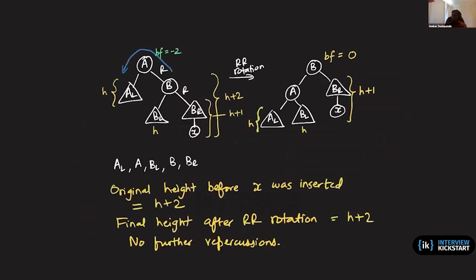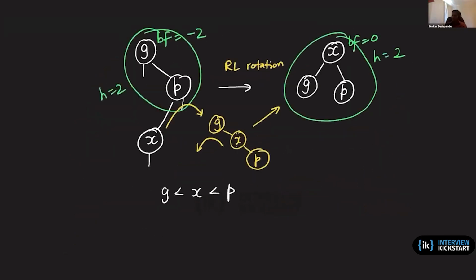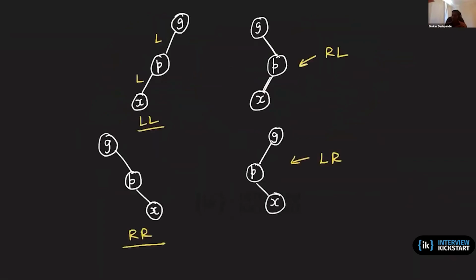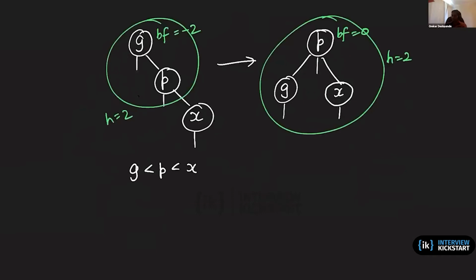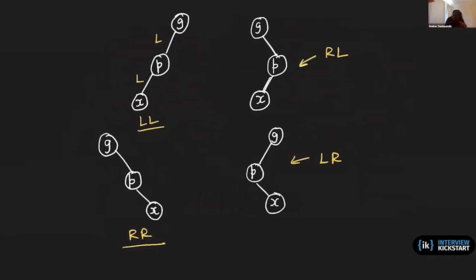Just like for the grandparent case also, if we go to that grandparent case where we had an LR, if we had just done an LL rotation there, what would we have had?